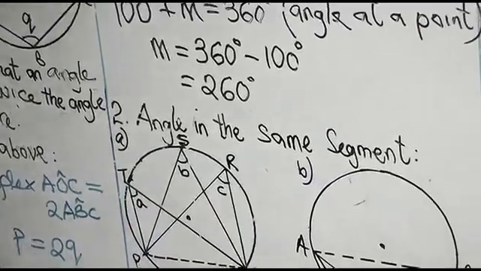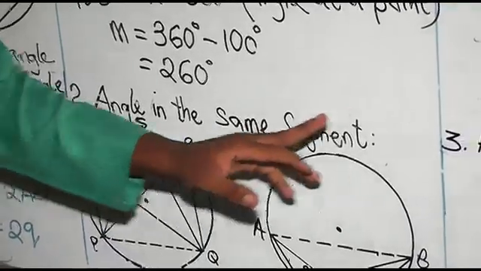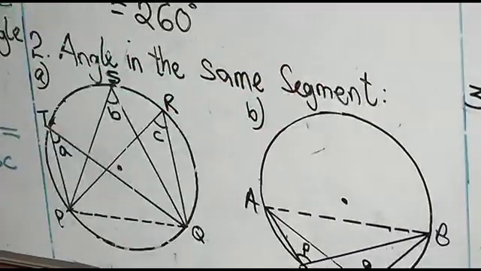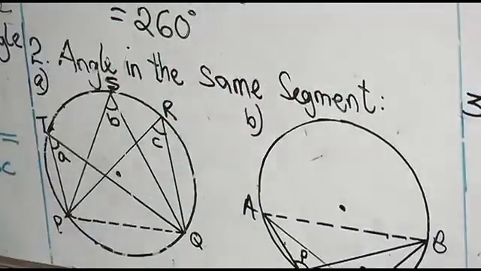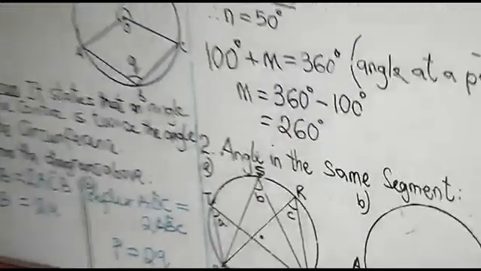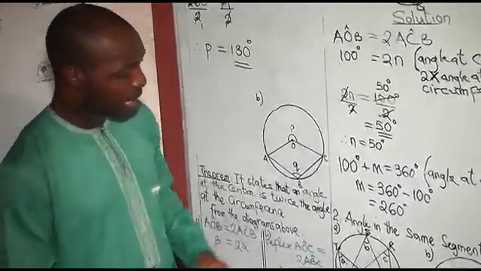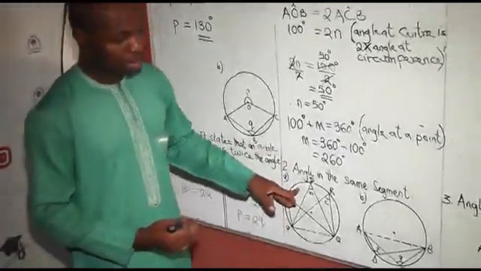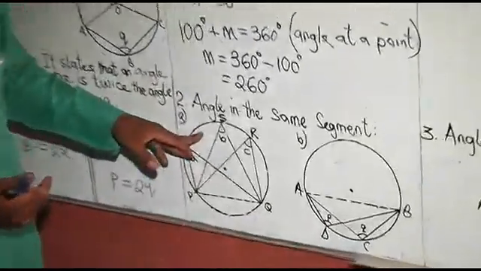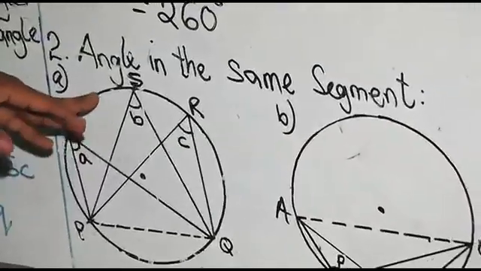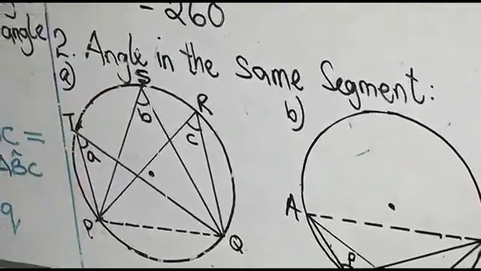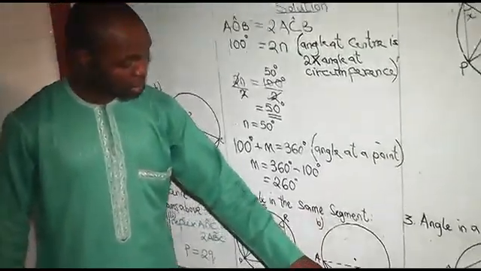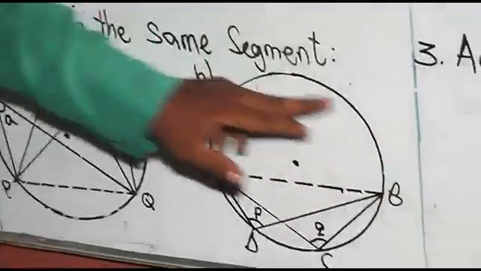Theorem number 2. Angle in the same segment. What is a segment? A segment is an area bounded by a chord and an arc. Now, the arc, as we all know, we have major and minor arc.